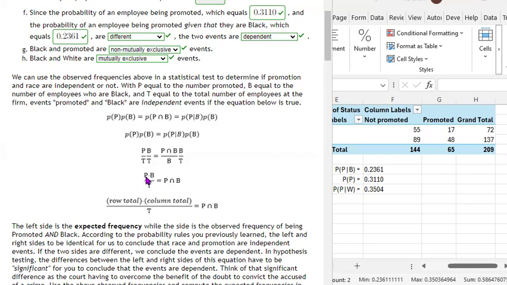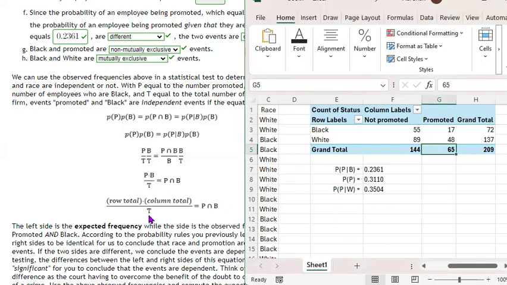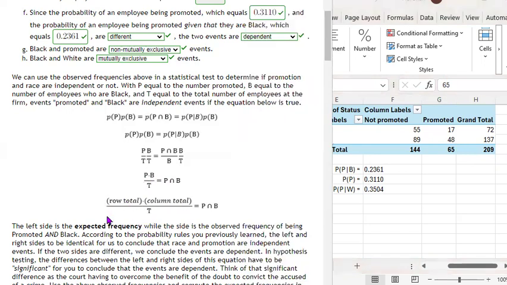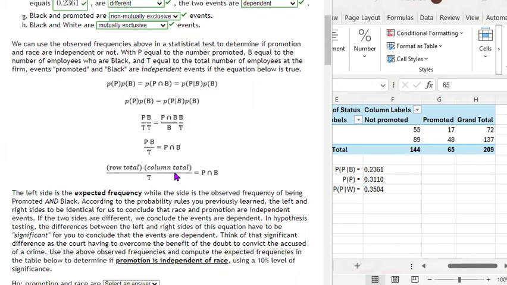And so this P here is a row total, and this B here is a column total, and this is the overall total, right? Now, this right here is the foundation of this chi-squared test that we're going to do, right? So the left-hand side is the expected frequency, while the right-hand side is the observed frequency, right?